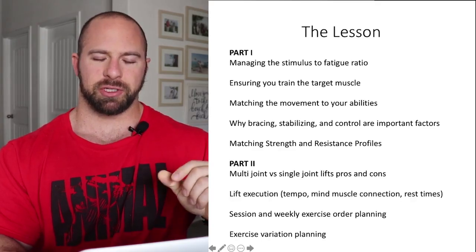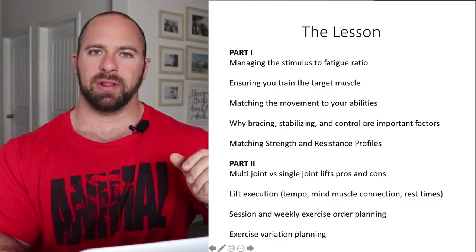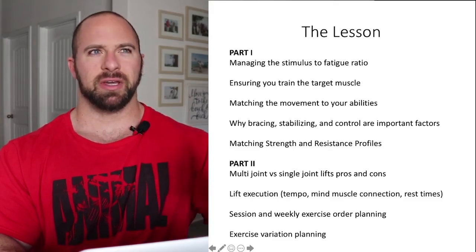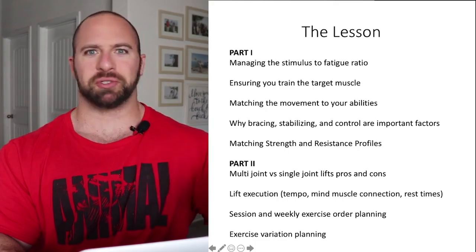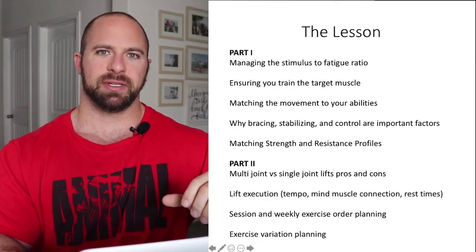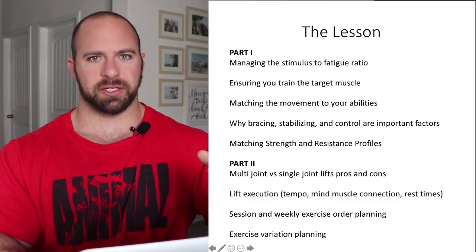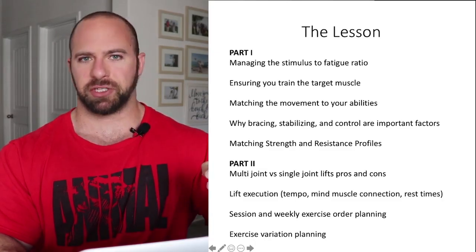And then in part two, we'll cover compound versus single joint lifts, lift execution, as far as your tempo goes, your mind-muscle connection, is that even important? And then rest times between sets, and also even between reps. Then session and weekly exercise order planning and exercise variation within planning.